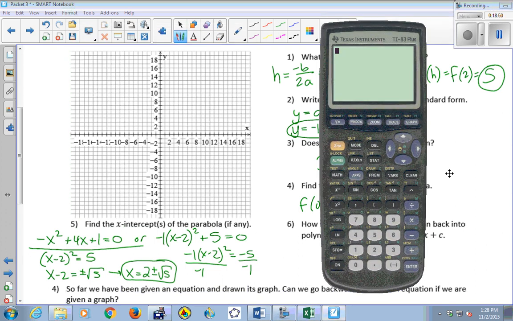Okay, so let's see. 2 plus square root 5 is like 4.2. Write it over here. X is approximately 4.2, or minus, and I get -0.24.